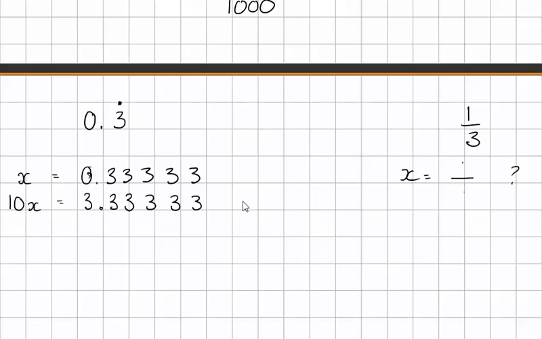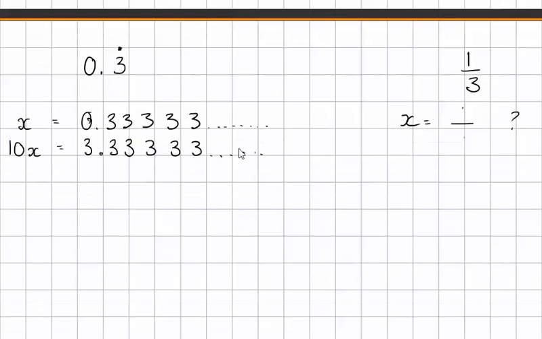The second one should be 3.3333. No, I don't write 5, because it's infinite threes. The reason I did that is because what I want to do now is subtract one from the other. I've got 10 x's here and one of them here.